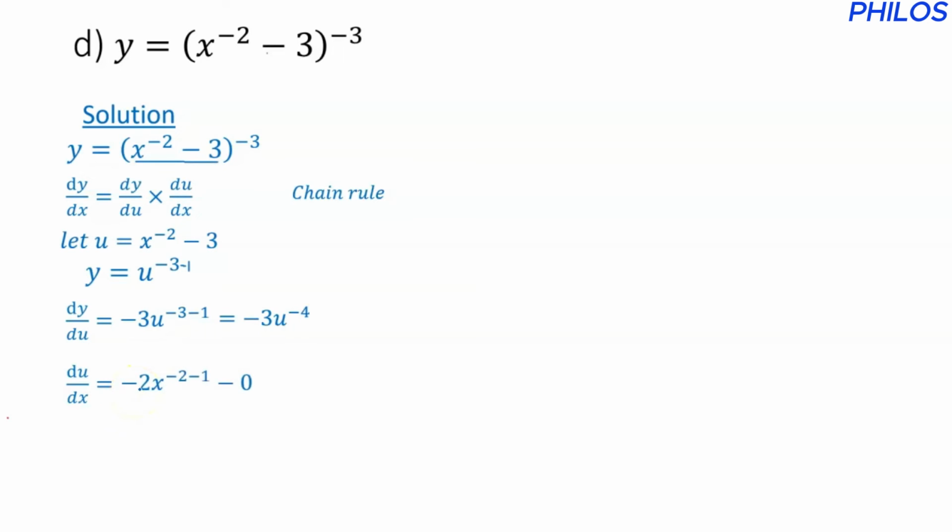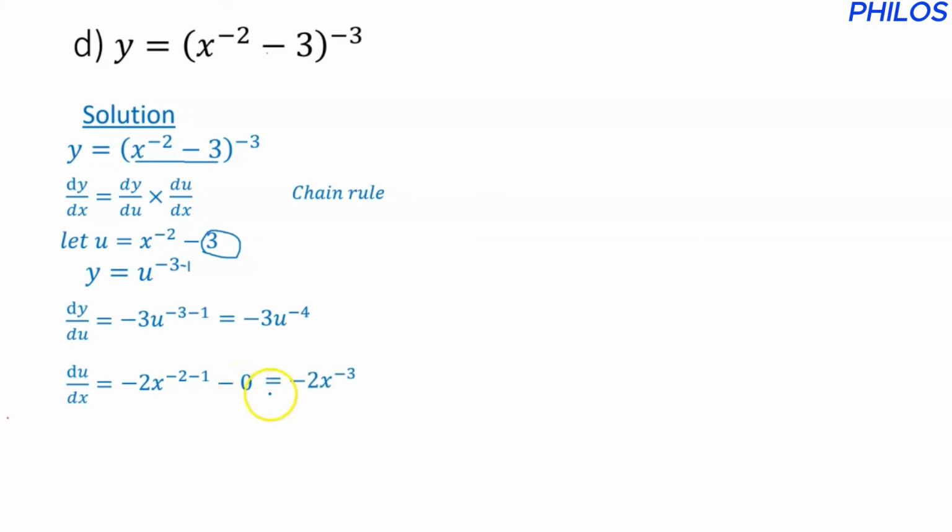So we have negative 2x exponent negative 2 minus 1. Then minus, when you differentiate a constant, since there's no x there, it must be 0. That's why I have the 0 here. Now, negative 2 minus 1 will give you negative 3, isn't it? So that will make it negative 2x exponent negative 3. The 0 will not come in again.